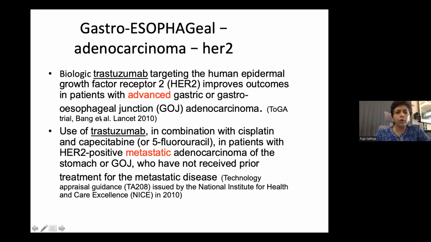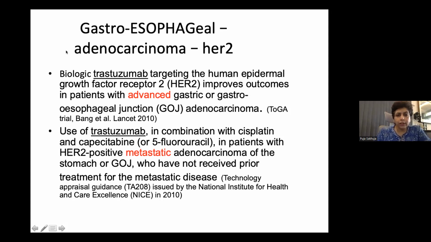So HER2, human epidermal growth factor receptor 2, in gastroesophageal and gastric adenocarcinomas. It was found that targeted therapy using trastuzumab, which was used initially in breast carcinomas, actually helped patients with advanced or metastatic gastroesophageal or gastric adenocarcinomas.